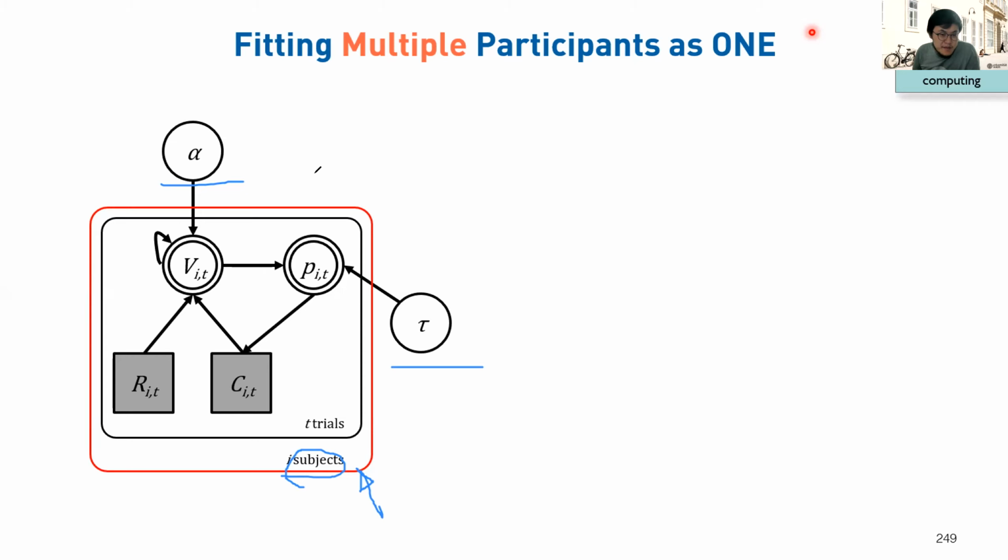So maybe you think this is stupid, because why would those 10 people have the same learning rate and the same tau? But from the literature, more than 10 years ago, people did practice this kind of model fitting because that's easier. Also, back then the machinery for fitting models was not so powerful relative to what we are using today.